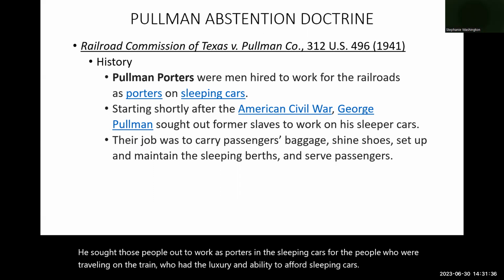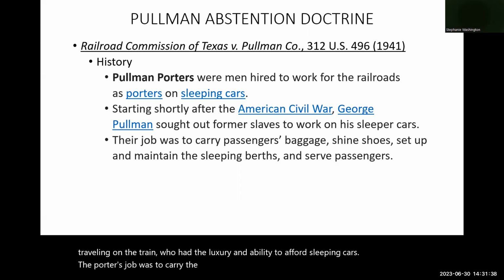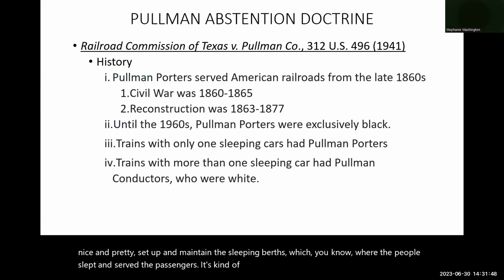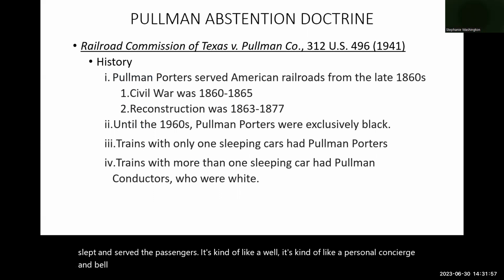The porter's job was to carry the passenger's bag, right? Shine their shoes, make sure they look nice and pretty, set up and maintain the sleeping berths, where the people slept, and serve the passengers. It's kind of like a personal concierge and bell person put together.